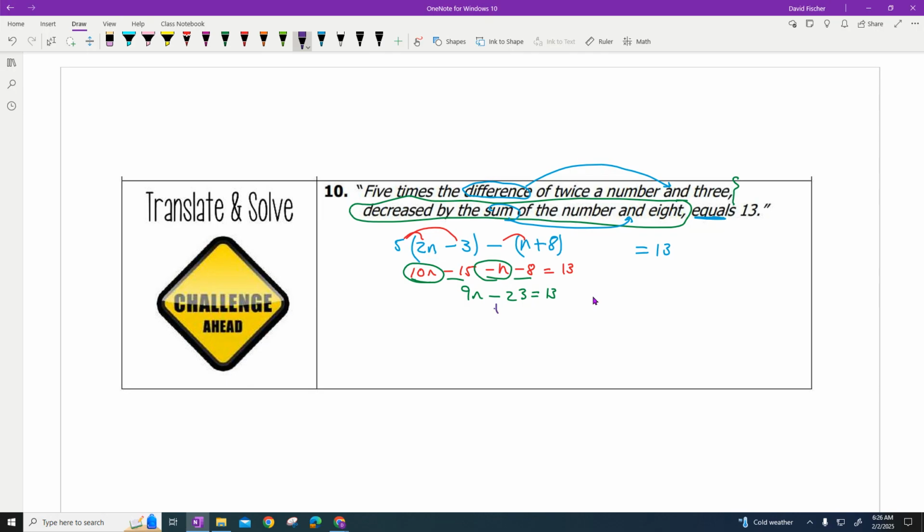Let's get rid of that 23. 36, I believe. And last step, let's get rid of that 9. Division's always like the last step. And bam, not only did we write words into a math problem, we solved it using multi-steps.